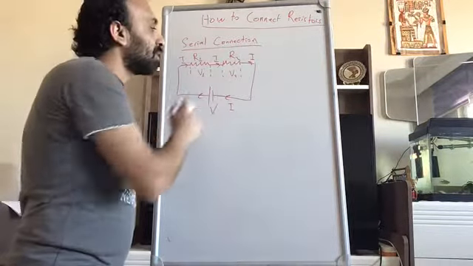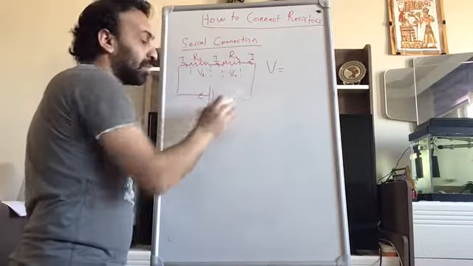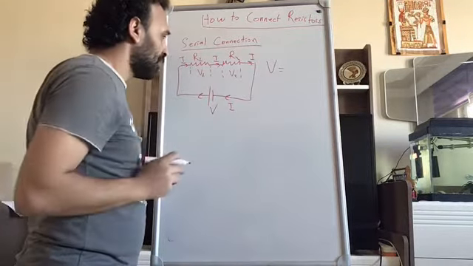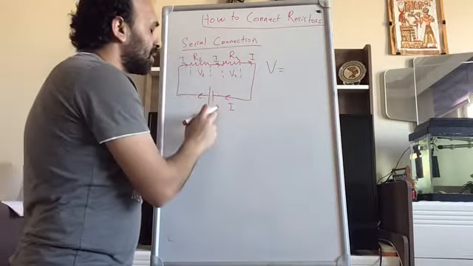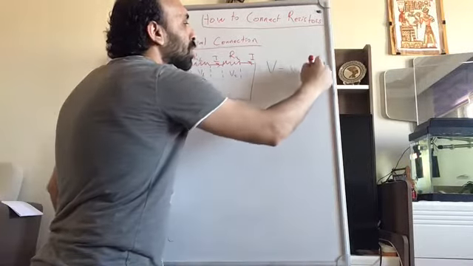We are going to denote it with V2, and in this case, V, the electric potential of the power supply, should be equal to V1 plus V2.